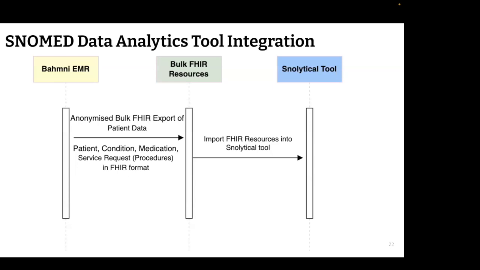So all this patient information can be bulk exported in anonymized form where the personal identifiable information of the patients is not exported. And all this patient information is downloaded in the form of a file, which we call NDJSON files, which in turn can be imported into the analytical tool.